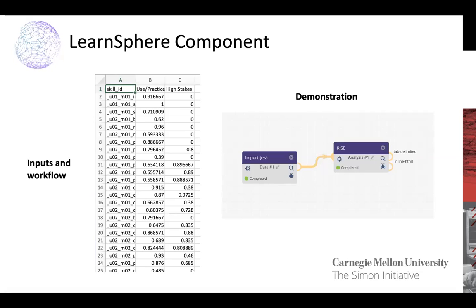So what you're looking at here on the screen is a snippet of the data set that I uploaded into LearnSphere, or will import. I'll show you how to do that. What it has is a listing of all of the skills. For OLI courses, we break all of our learning objectives down into skills.